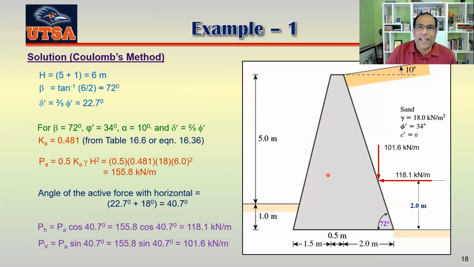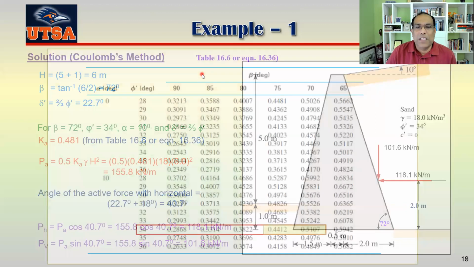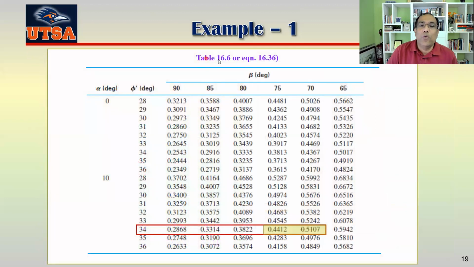In Rankine's method, we include not only the weight of the wall, but also the soil. If I draw the line AB, any soil within AB and the wall must be included in your analysis.